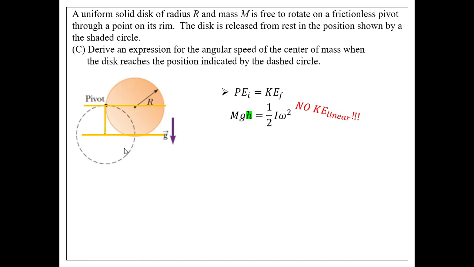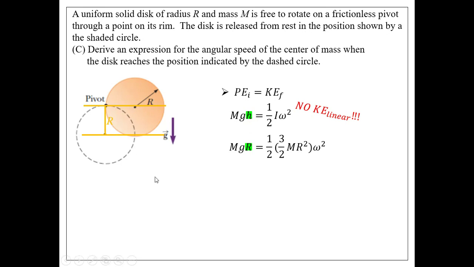Well, how far downward? Just using common sense, the distance from the center of mass to the pivot is just a distance of r. So how far has the center of mass fallen? Just a distance r. So I'm going to substitute a couple of things out here. On the left side, instead of mgh, I'm going to call it mgr, because the center of mass has only fallen a distance r.